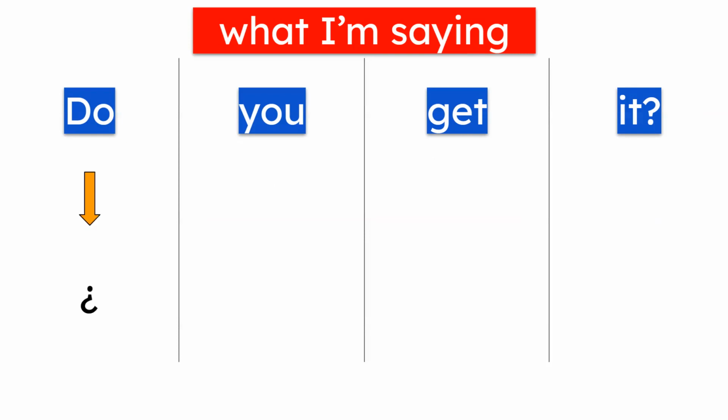Okay, we start with a question mark, then followed by the subject, which is tú, and it is referring to an idea, situation, context, dialogue, etc. And automatically that means that we need lo. That's right.